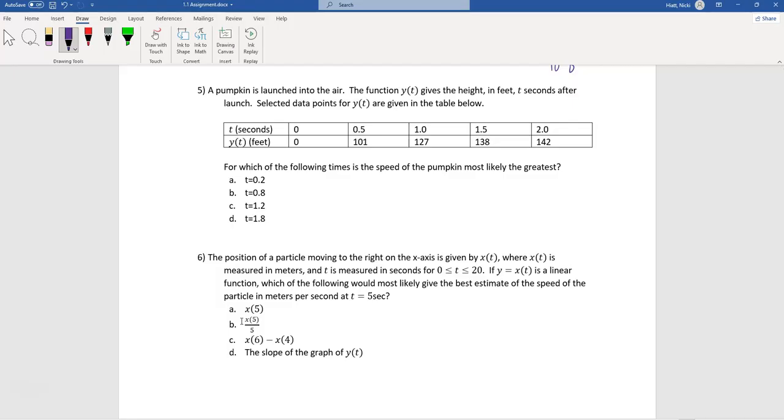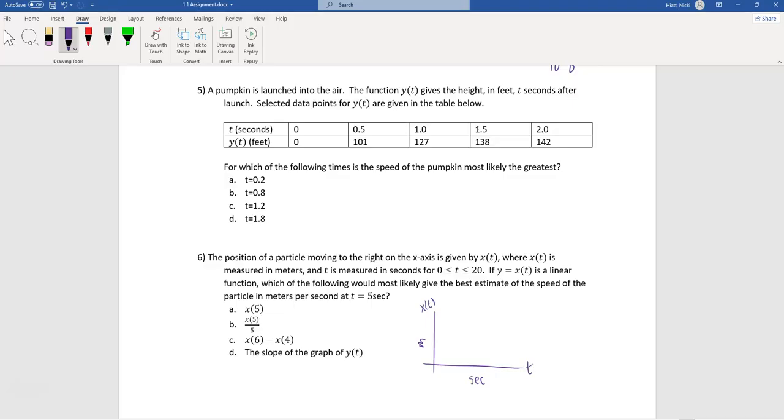Let's draw us a graph for this because I think it's confusing, but they love to do this stuff and they love to use this theoretical stuff, which I think is really difficult sometimes, but graphs can help. The position of a particle on the x-axis is given by x of t, where x of t is measured in meters and t is in seconds. So we've got t, we've got x of t. This is meters, this is seconds, right?